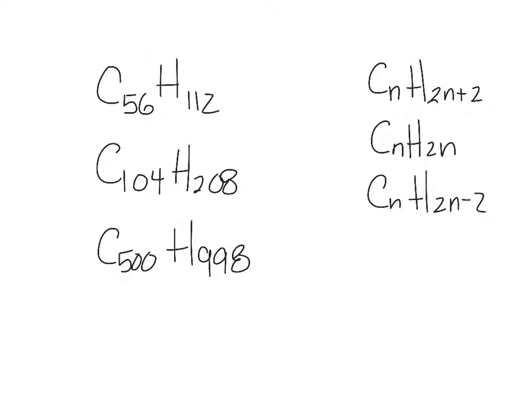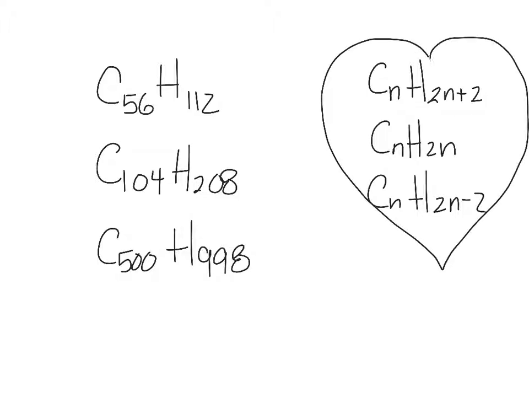These are the general formulas for an alkane, an alkene, an alkyne. Each time you add another bond between two carbons, you're removing two H's, right? Does that make sense? Okay, I won't explain it then.